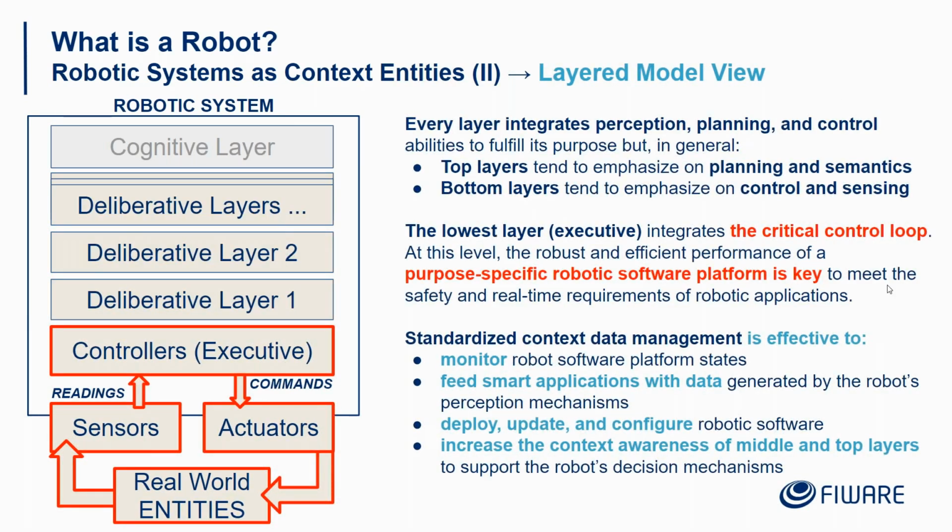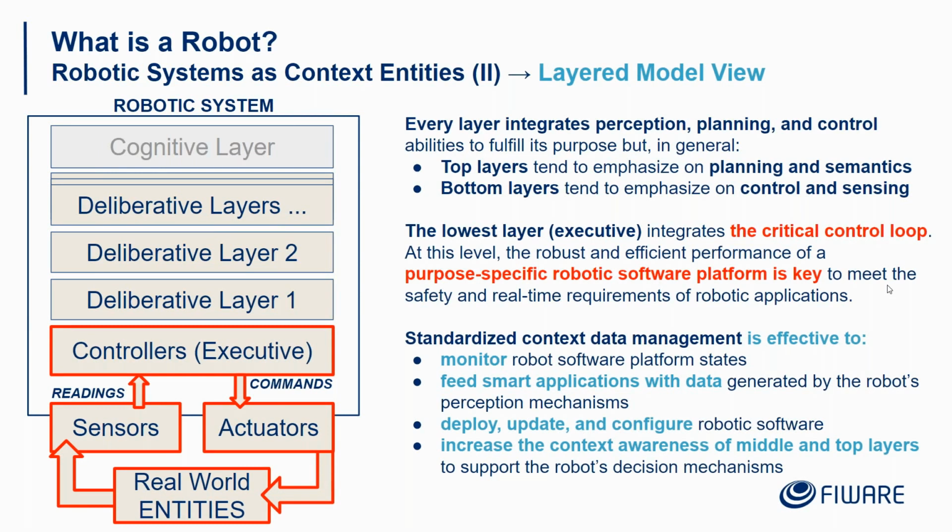Here is a bit of background about robotics, just if you are entering this world, because we must always be careful of the peculiarities of robotic systems. Every layer, in general, integrates perception, planning, and control abilities.